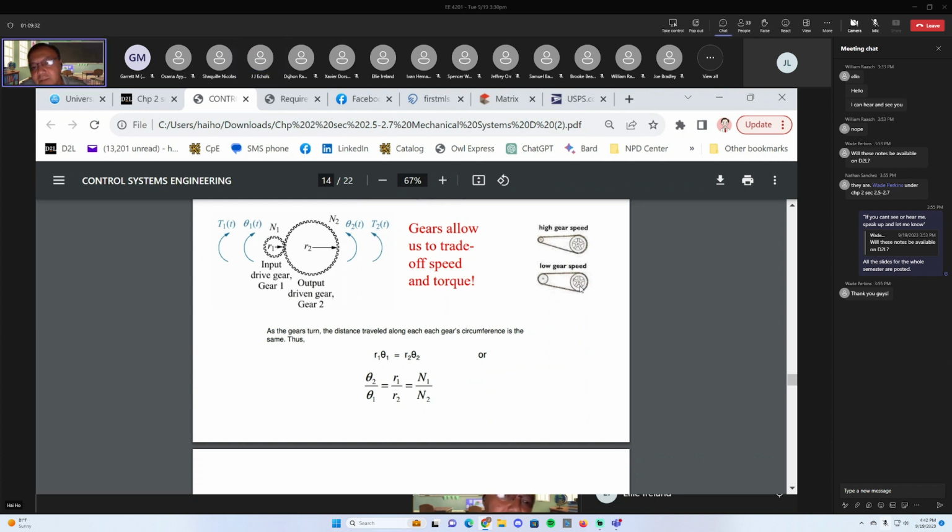Okay, so let's reason through that, see if it makes sense. If the pedal's on the right side, that's the input gear. And so I guess the output gear is larger, so this is where you don't gain any torque. In fact, you supply most of the torque and you gain a lot of speed.